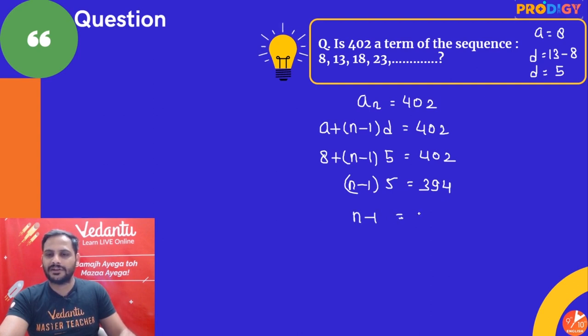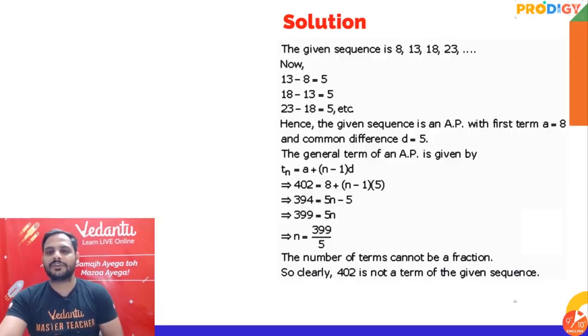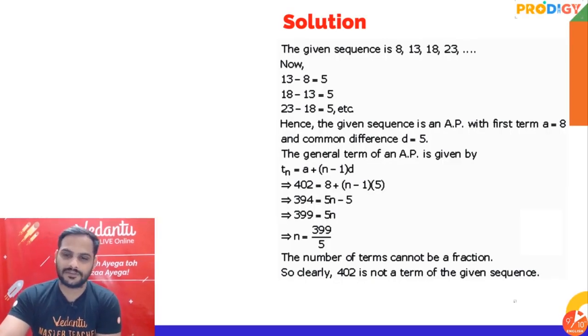So n minus 1 is equal to 394 upon 5. Shift minus 1 over there, so 394 upon 5 plus 1, which is equal to 399 upon 5. And you can clearly see it is not a natural number. And since it is not a natural number, 402 is not a term of this sequence, because n is not a natural number.